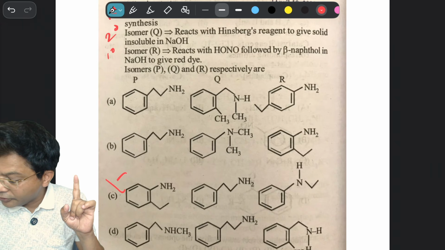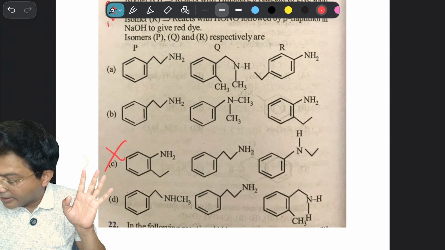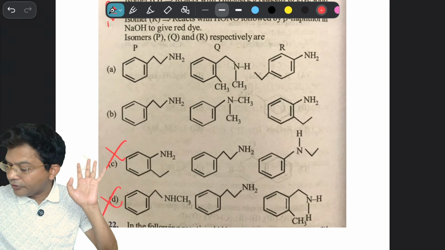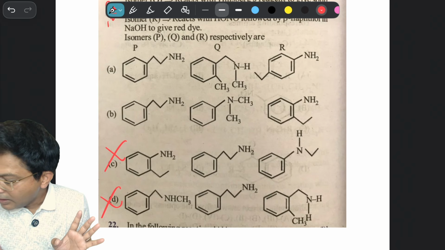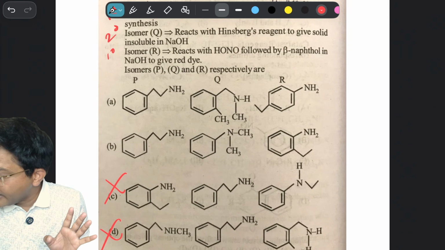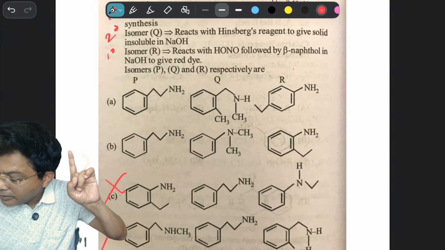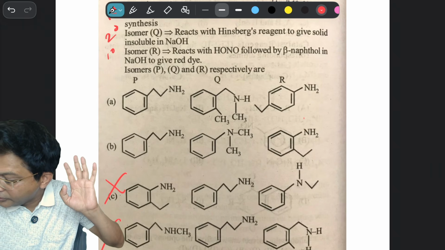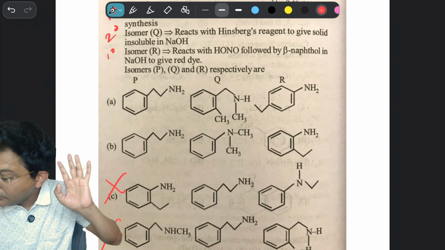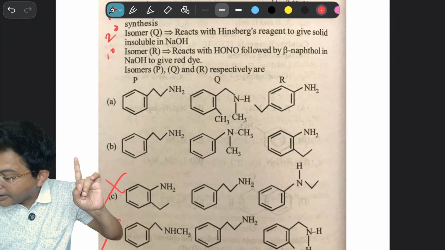One thing is for sure, C can't be the answer and D can't be the answer. And they are writing diazonium. So diazonium, in both A and B, the last option will form diazonium.